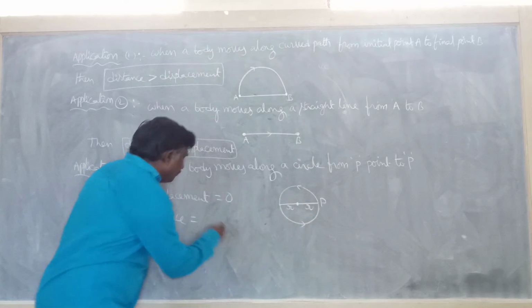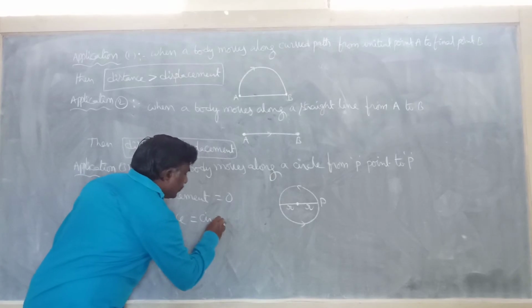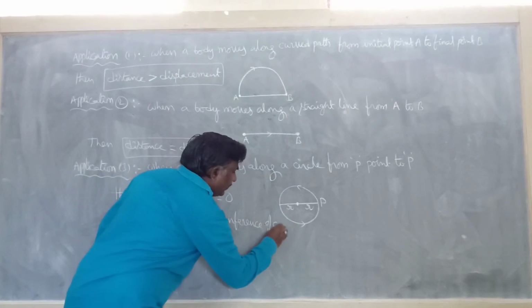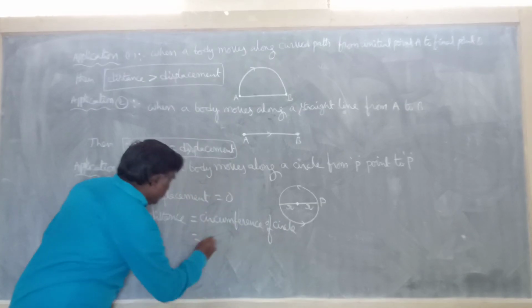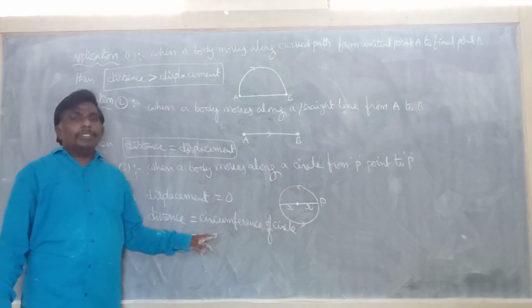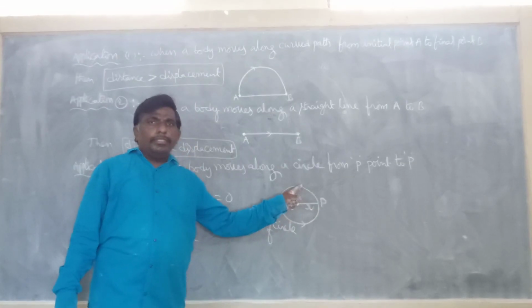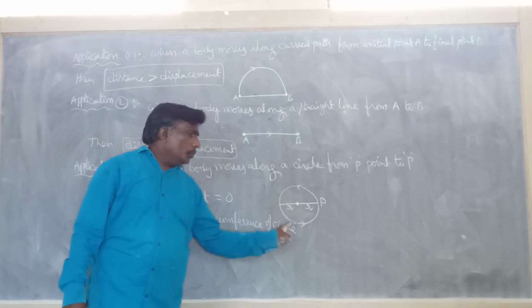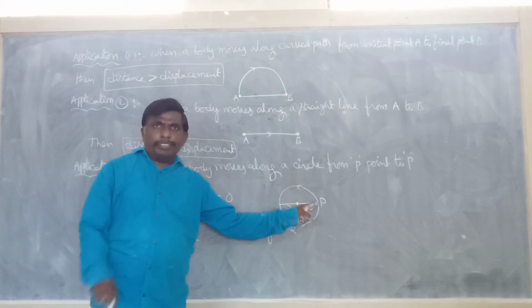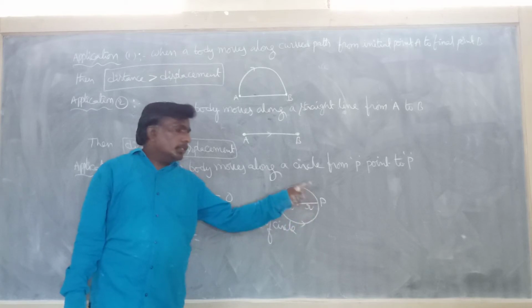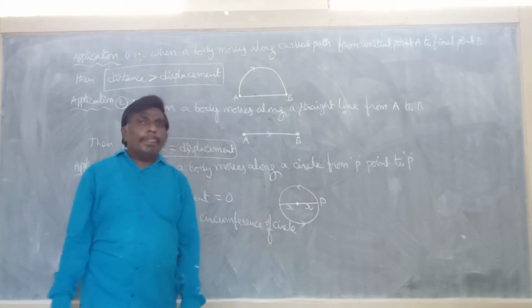The body moves from point P to point P along the circular path, so that's why distance is equal to the circumference of the circle.